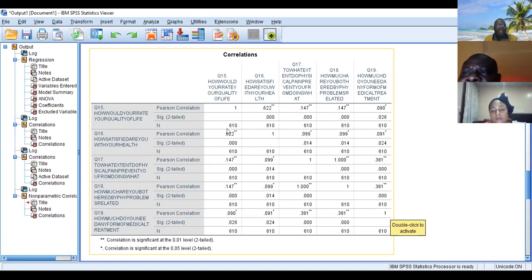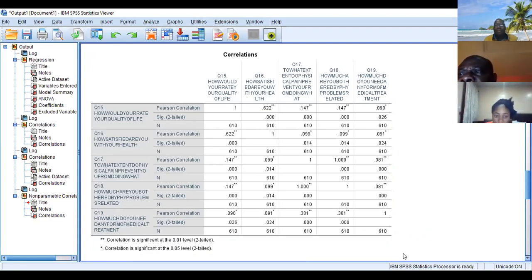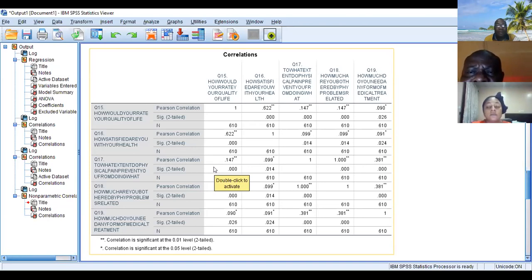Can you see these? I just noticed something between Q17 and Q18. The correlation is 1.000. That's perfect. Between 17 and 18.